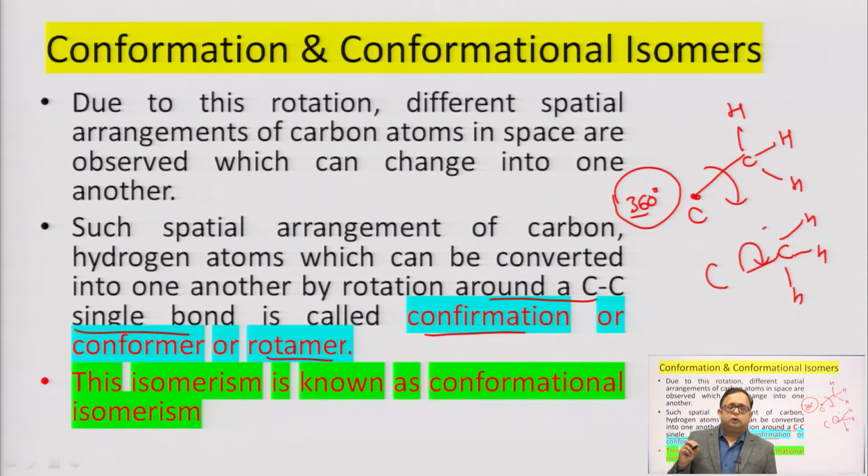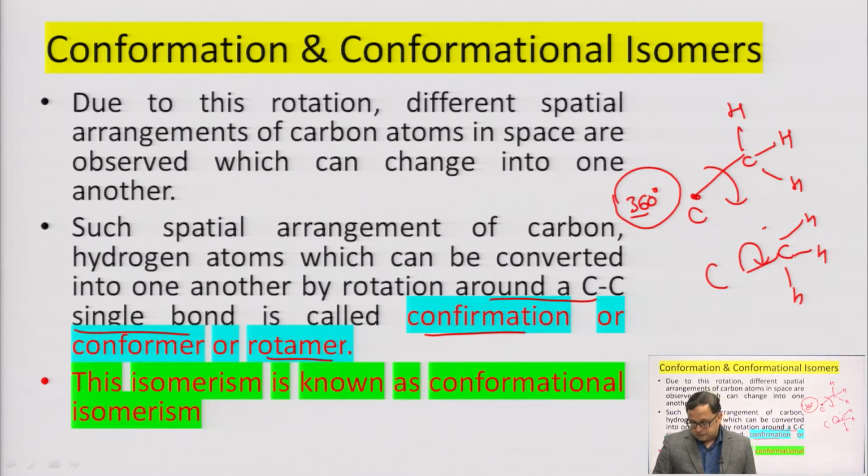So, the rotation around the carbon-carbon single bond results in an infinite number of conformational isomers, or conformers, and this phenomenon we call conformational isomerism. So, I have cleared this point: what conditions make conformational isomerism.